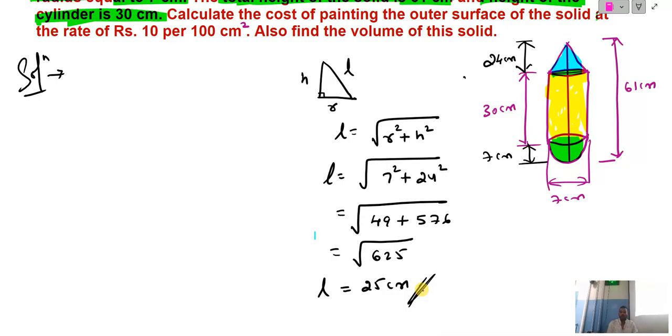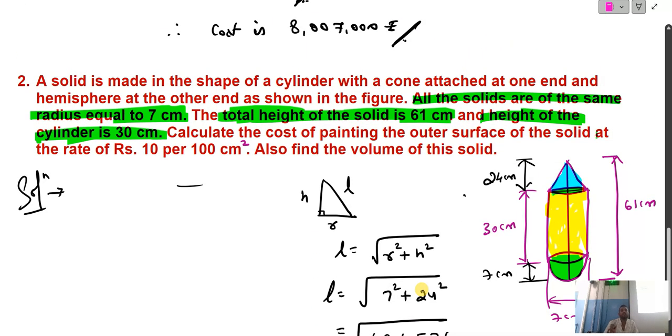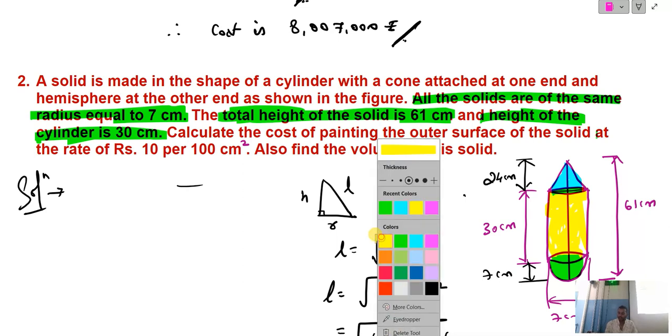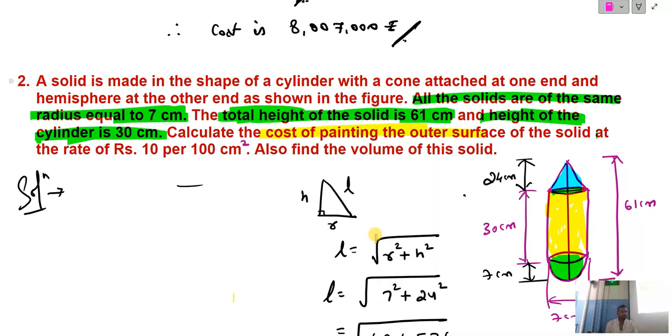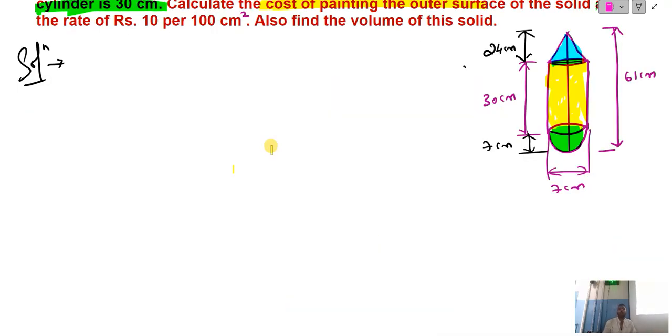Good. Now, what they are asking us to calculate is cost, isn't it? They are asking us to find the cost of the painting. As I said earlier, if you want to calculate the cost, we need to find the total area. Once we know the total area, then only we can calculate the cost. We have the slant height, 25 centimeters.